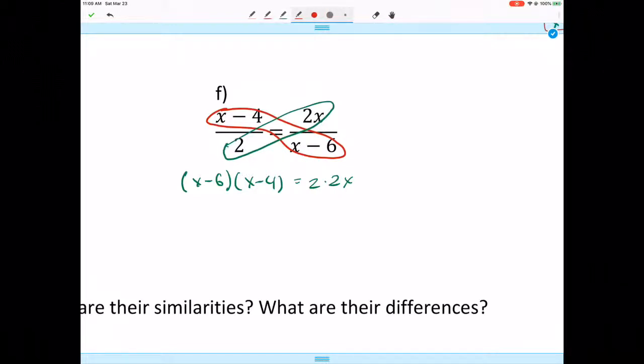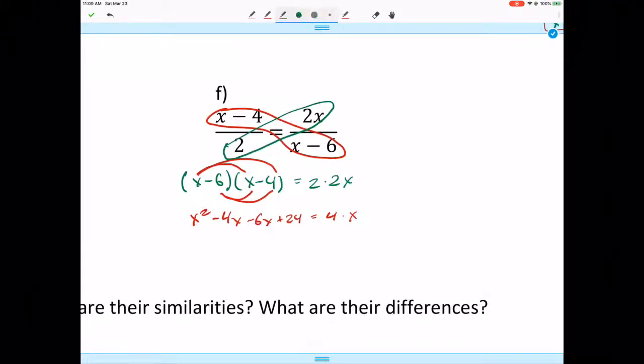At this point, you would need to FOIL. So we'd multiply the first two terms, x squared, outside terms, negative 4x, inside terms, minus 6x, and last two terms, which is positive 24, equals 4 times x. Okay, and we realize that we have a quadratic equation, x squared, and to solve quadratics, we need to have everything on one side.